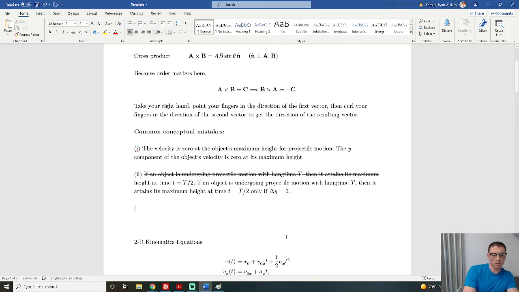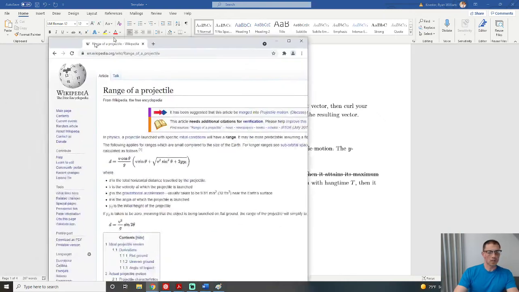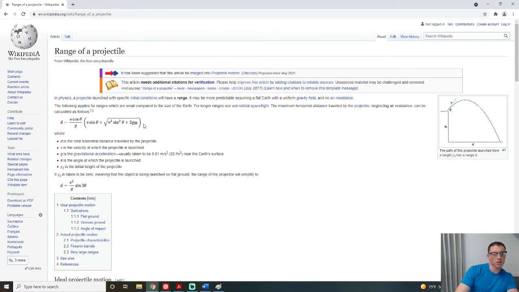Let me just do this too really quickly. I'm going to say the range equation as stated in class, because you know there is another formula for the range equation that always works. Let me see if I can find this because it looks awful. So if you want the form of the range equation that always works, it's this, right?